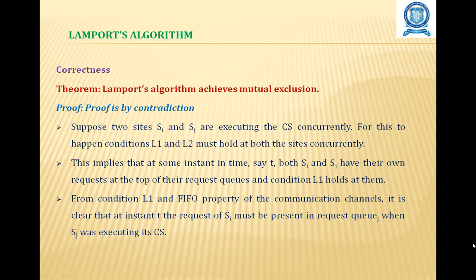From condition L1 and the FIFO property of the communication channel, it is clear that at instant t, the request of Si must be present in queue j when Sj was executing its critical section. Hence, Lamport's algorithm achieves mutual exclusion.